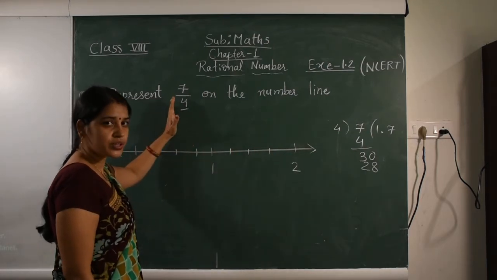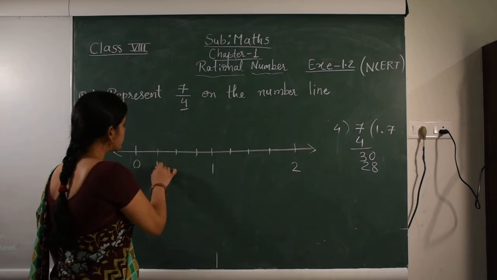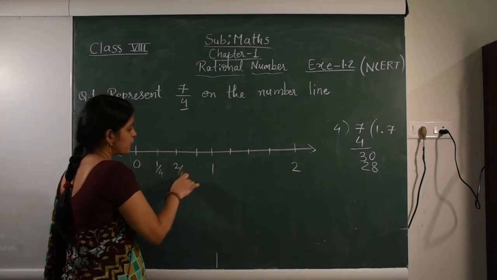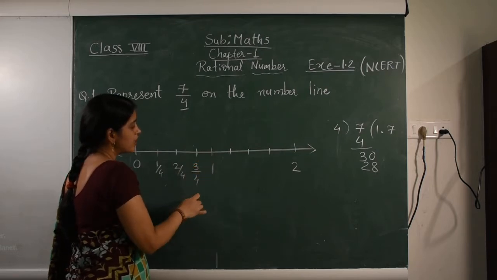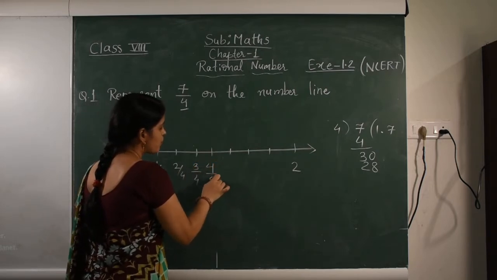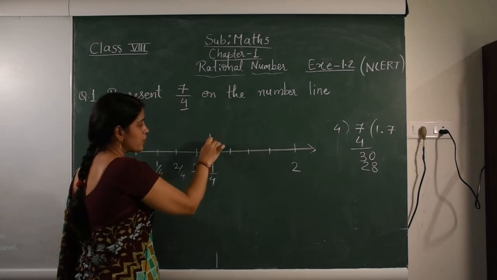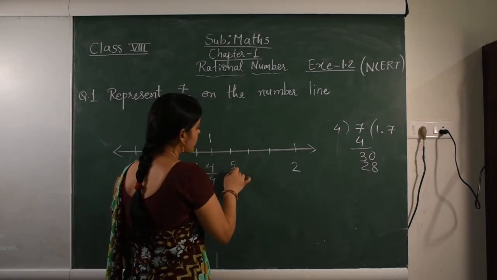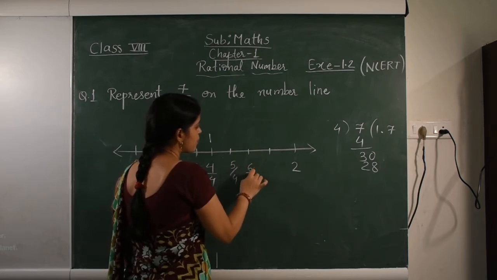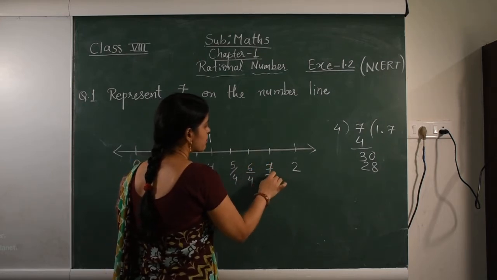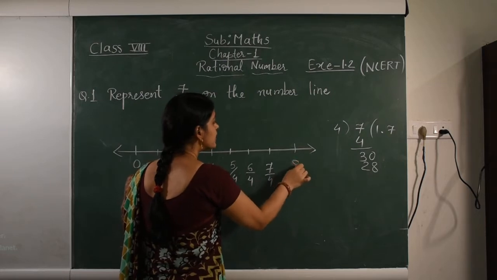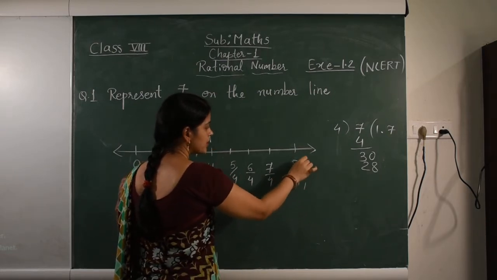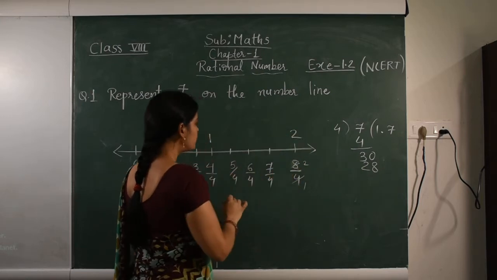Now we have to denote the numbers. We start from 1 upon 4, 2 upon 4, 3 upon 4, and this is 4 upon 4, and 4 upon 4 means 1. Then 5 upon 4, 6 upon 4, 7 upon 4, and here 8 upon 4, that means 2.